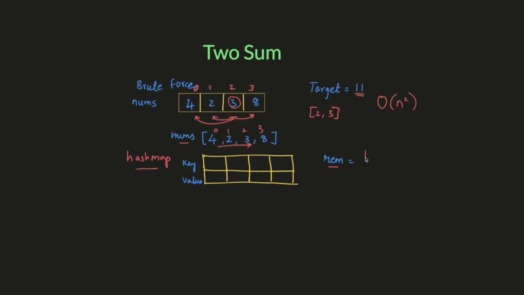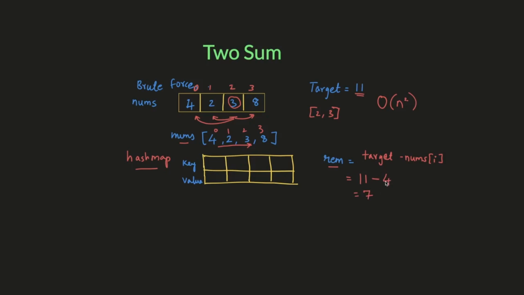Remainder is nothing but the target minus the current element, which will be nums of i. First we find the first remainder. Target is 11 minus nums of 0, the first one.